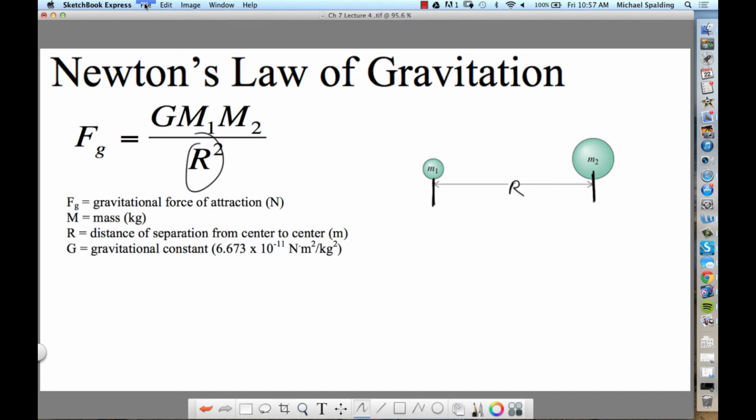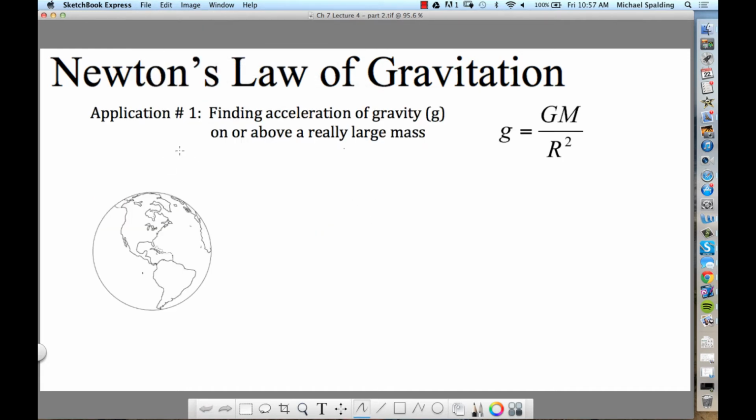Now, there's two applications for Newton's law of gravitation. The first application is finding the acceleration of gravity above or on a very large mass, like a planet. So here's the Earth. Imagine you're standing on the Earth right here. Do we know what gravity is on the surface of the Earth? Yeah, on the surface of the Earth, gravity is 9.8.